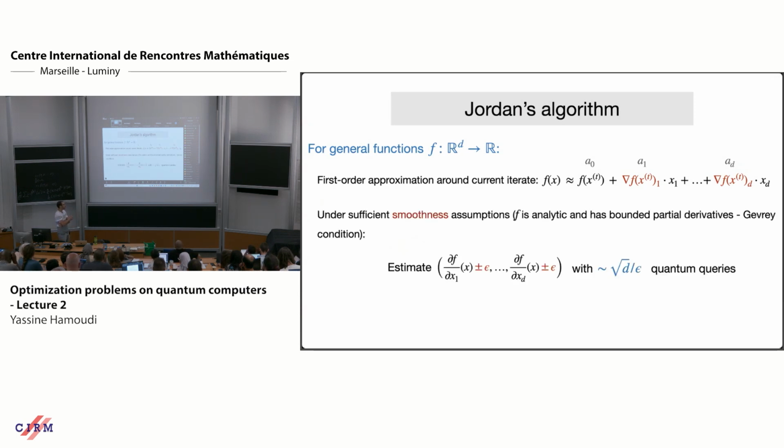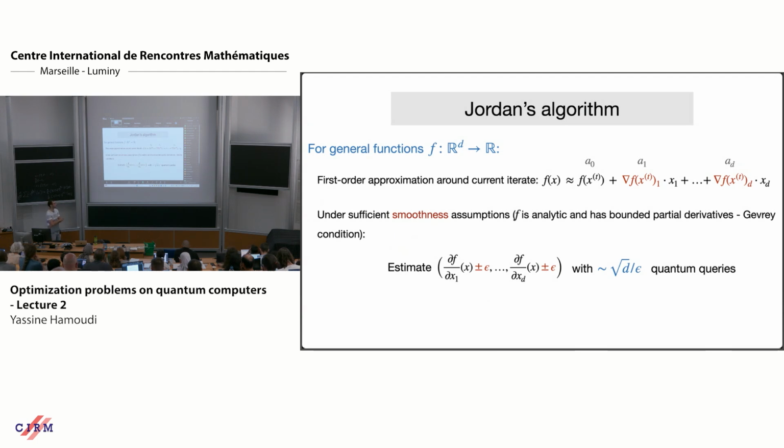What people have done is they studied this under a sufficient smoothness assumption: essentially f has to be analytic and the derivative has to be bounded in magnitude. This contains a large family of functions known as Gevrey functions.